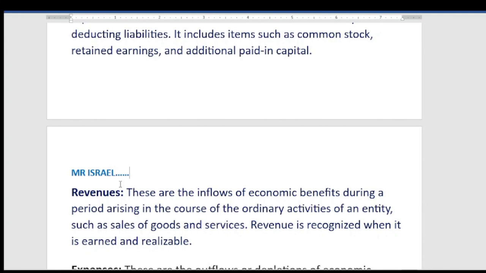Now, revenue is an element of financial statement. It doesn't stand on its own in the financial statement. It's under something. All these I have mentioned do not stand on their own. They are under something, which we are going to mention later.